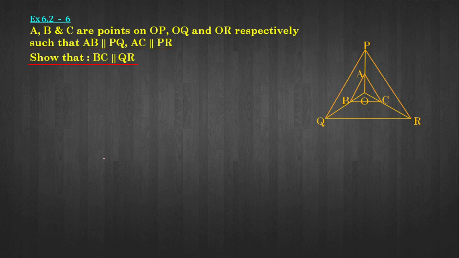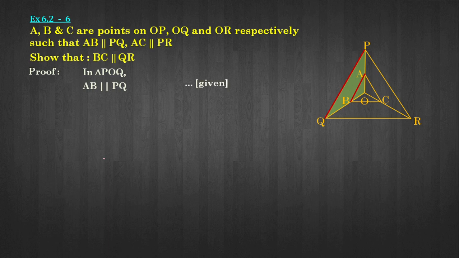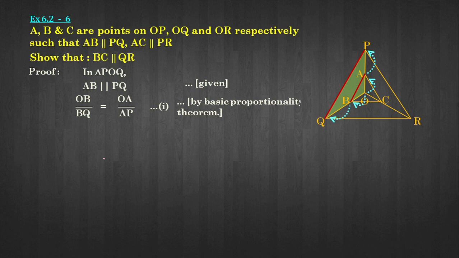Show that BC is parallel to QR. Proof: in triangle POQ, AB is parallel to PQ means OB by BQ is equal to OA by AP by BPT theorem.